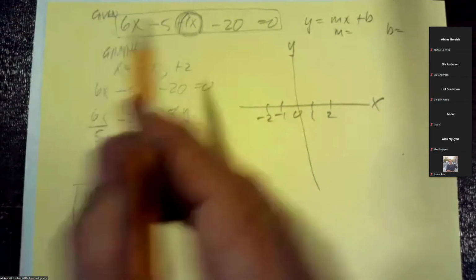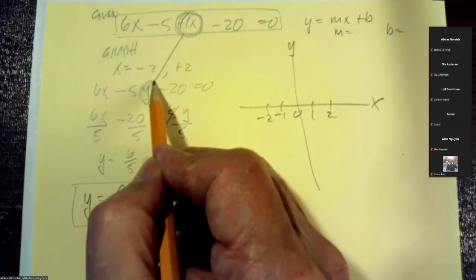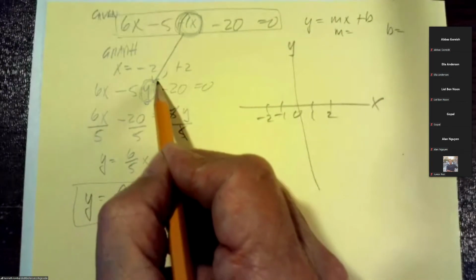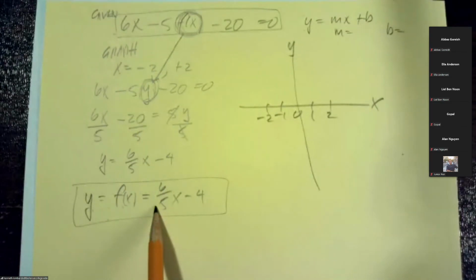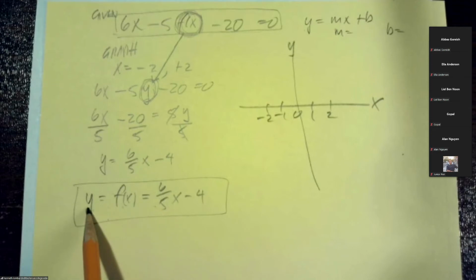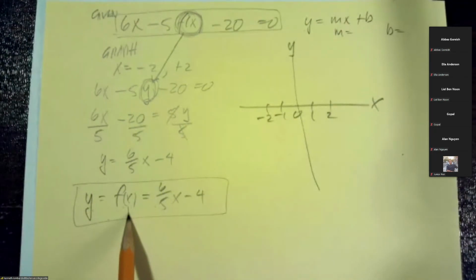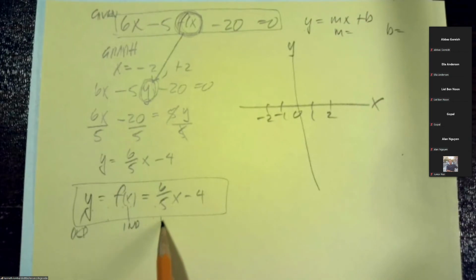That's fine. And remember, we substituted y for f of x. As shown here, y equals f of x equals, and here's the function. So y is the dependent variable. X is the independent variable. Here's the slope.